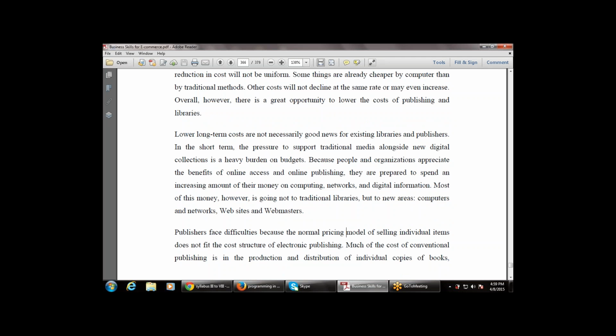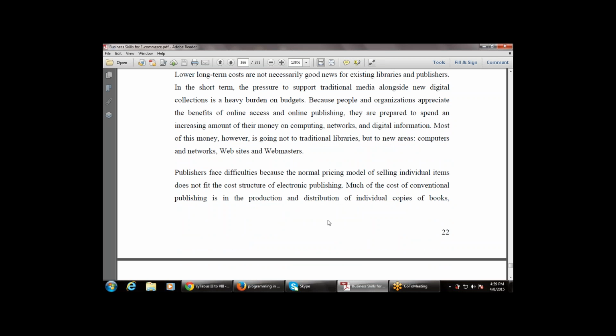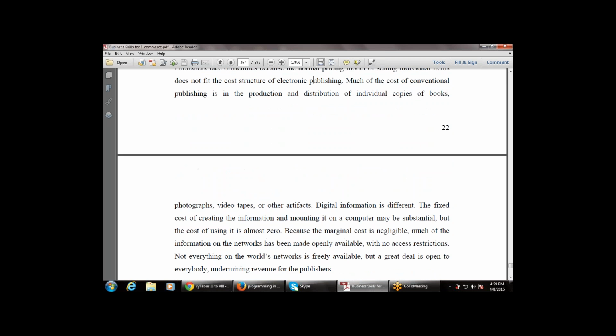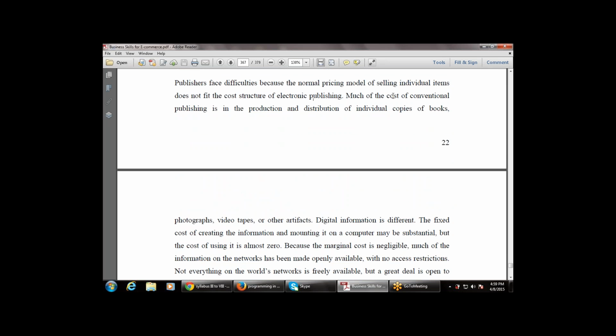Publishers face difficulties because the normal pricing model of selling individual items does not fit the cost structure of electronic publishing. Much of the cost of conventional publishing is in the production and distribution of individual copies of books, photographs, videotapes, or other artifacts.